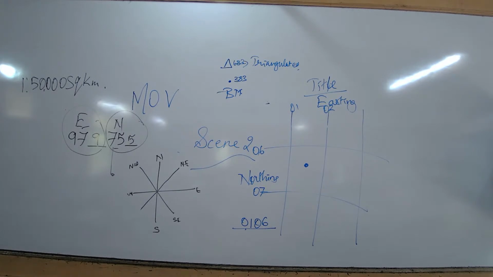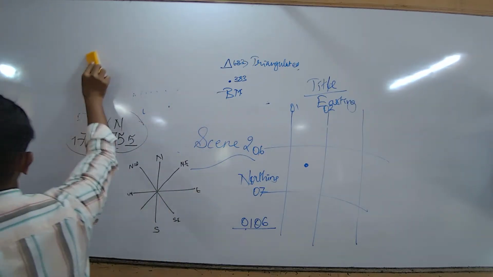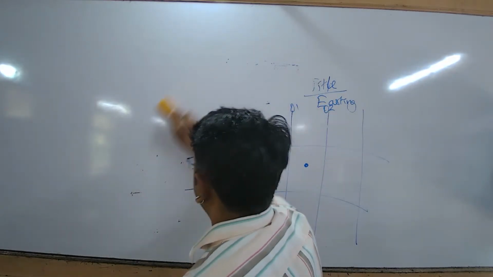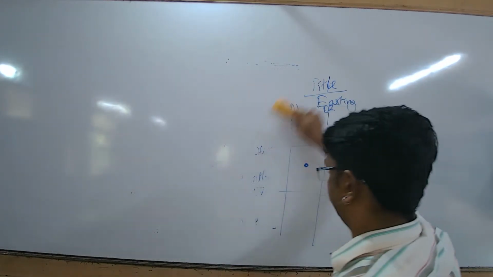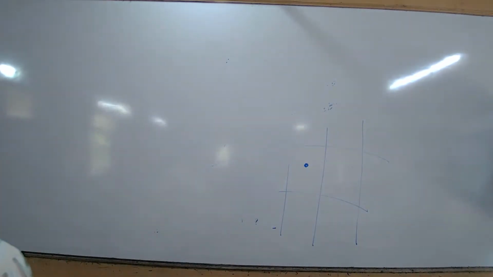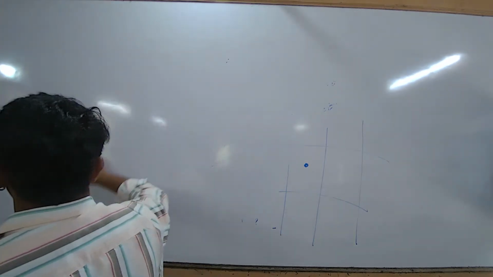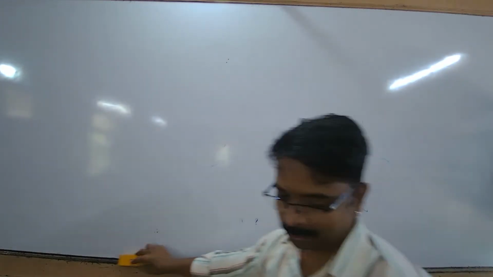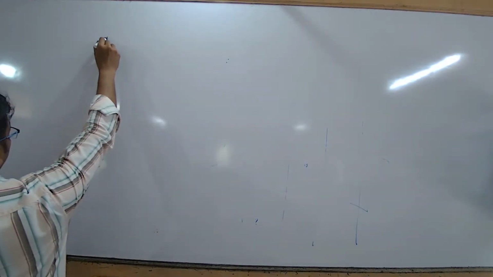Covers 97% of the earth's surface. Keep writing. 97% of the water, not earth's surface, I'm sorry, in oceans. 97% of the water in oceans.